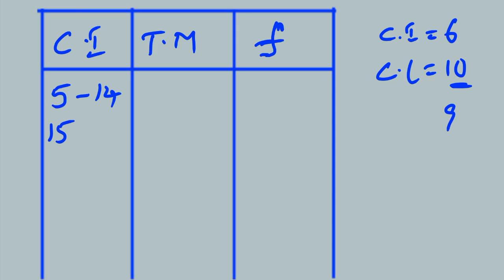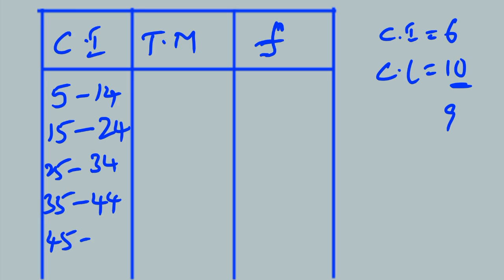So 15 plus 9, again add 9, becomes 24. Then 25 plus 9 is 34. Then 35 plus 9 is 44. Next 45 plus 9 is 54.